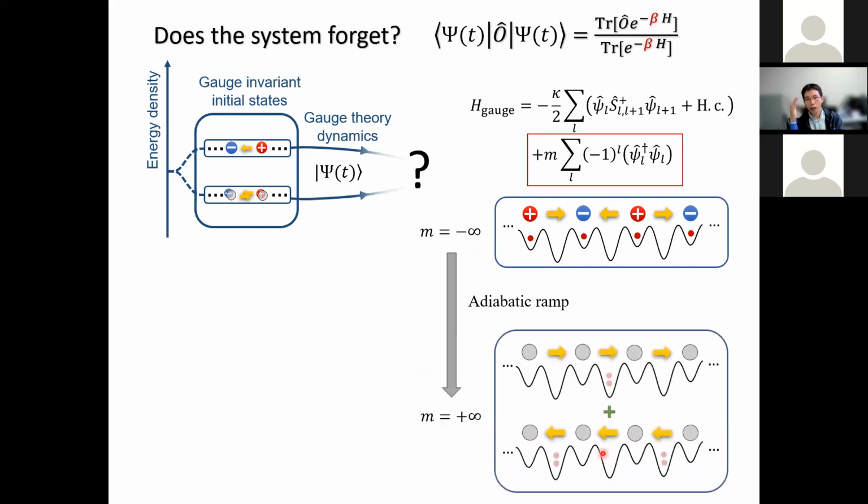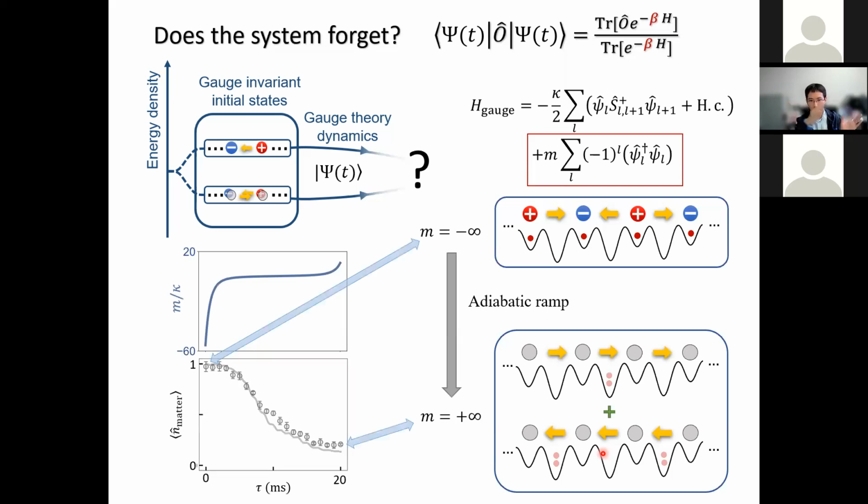As we ramp up the mass from minus infinity to positive infinity, the system will energetically favor no matter field in the system. So during this adiabatic ramp, the expectation value of the matter particle density just goes from 1 to 0. And that means you can create this whole set of initial states. They are all gauge invariant, and they will have different energy densities with respect to the quench Hamiltonian.